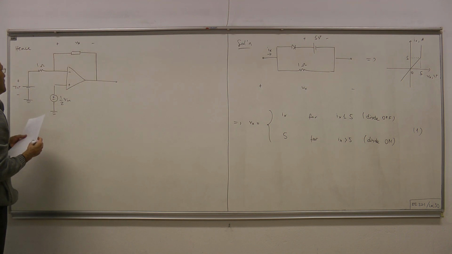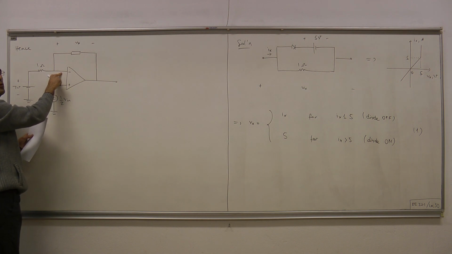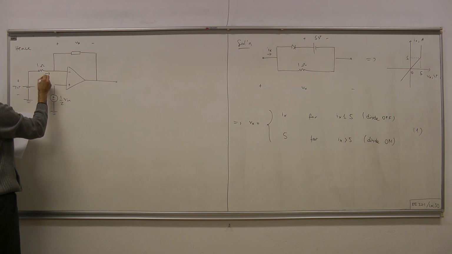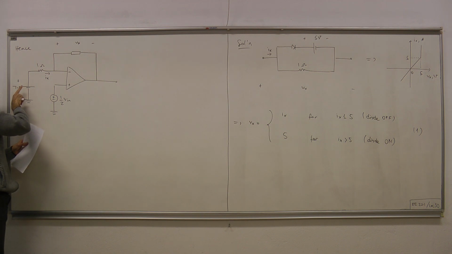That's our notation. Since there is no current escaping into the op-amp through this wire, by Ix we mean simply the current that leaves this 7 volt constant voltage supply.